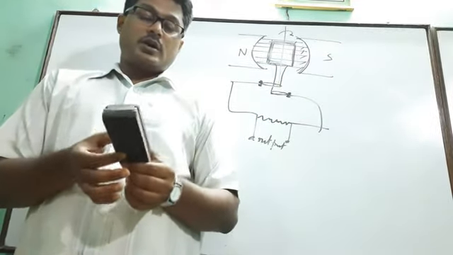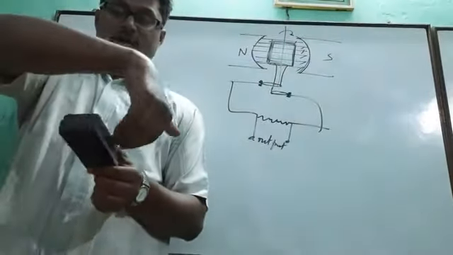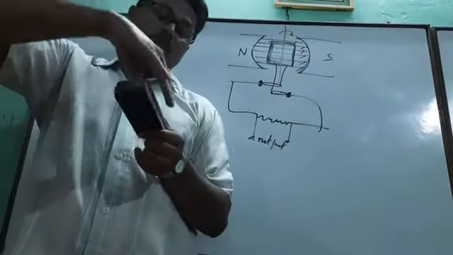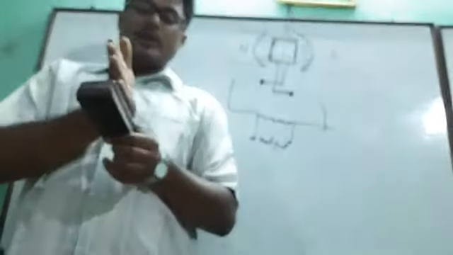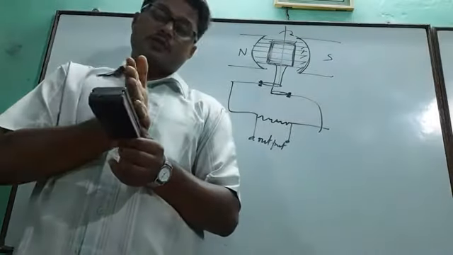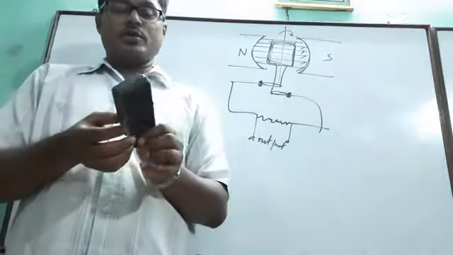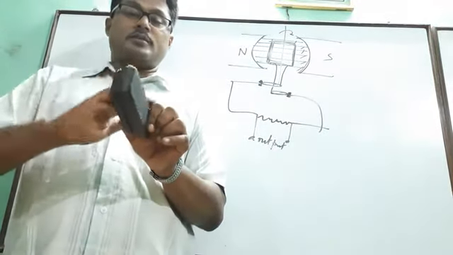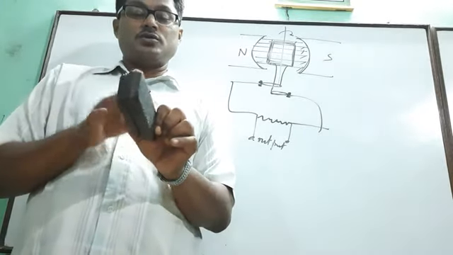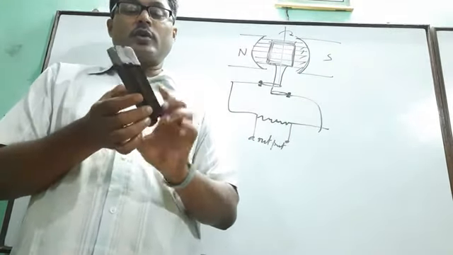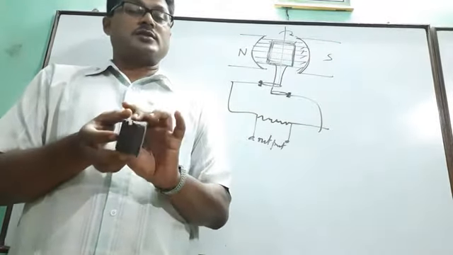So when the plane of the coil remains perpendicular to the field, then maximum lines of force will touch here. Now when it is rotating and the plane becomes parallel to the field, then lines of force become zero. So during the rotation of the coil, the lines of force related with the coil change always.